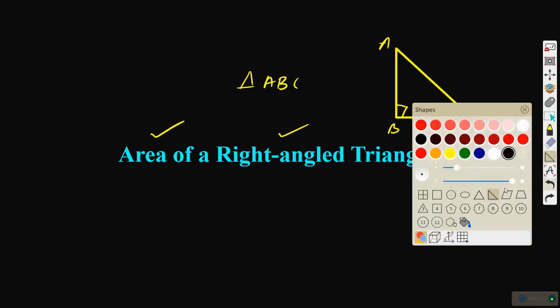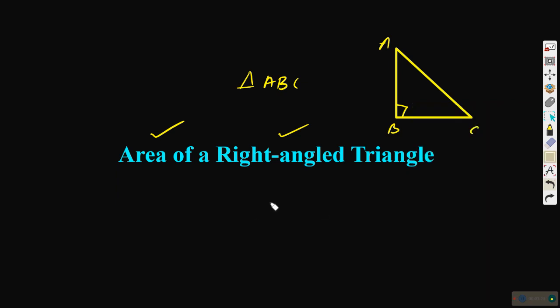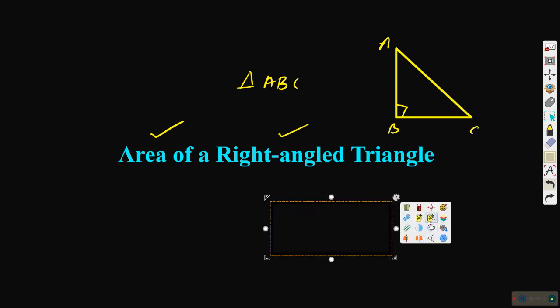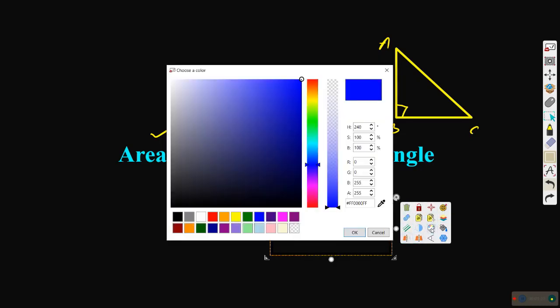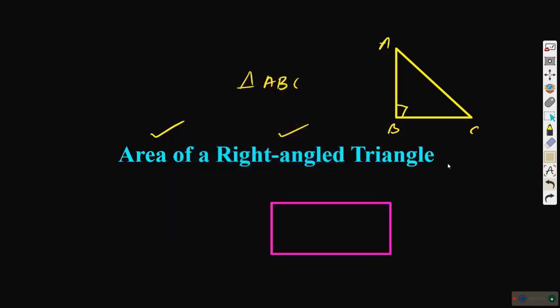You studied rectangles in detail in the last session, right? There you found how to calculate the perimeter and also the area of a rectangle.